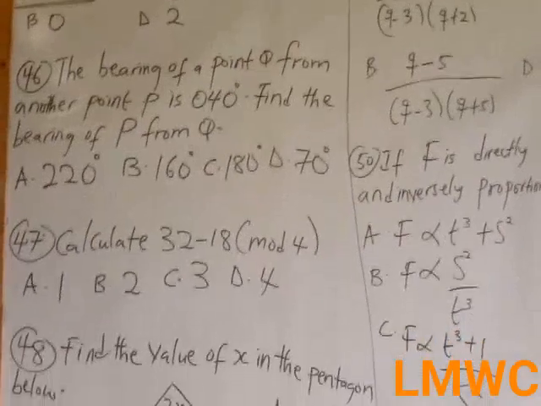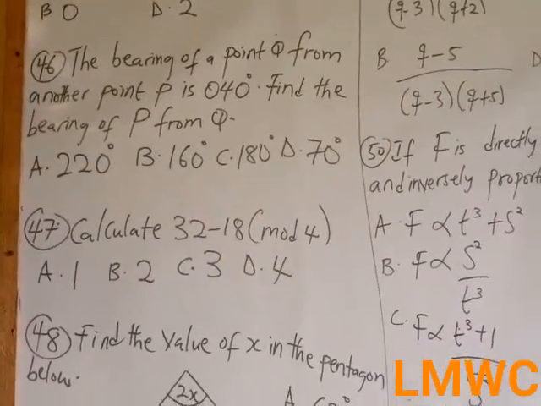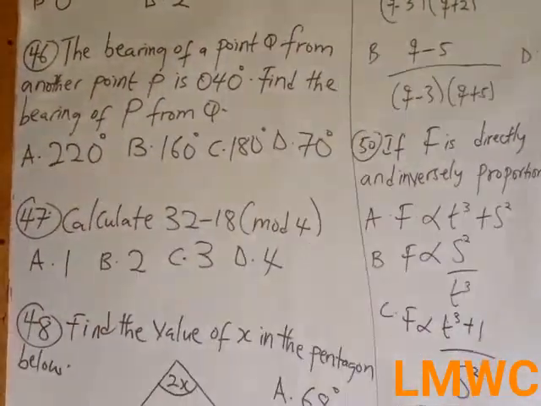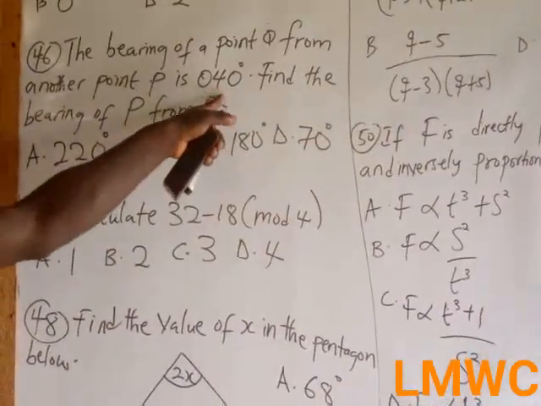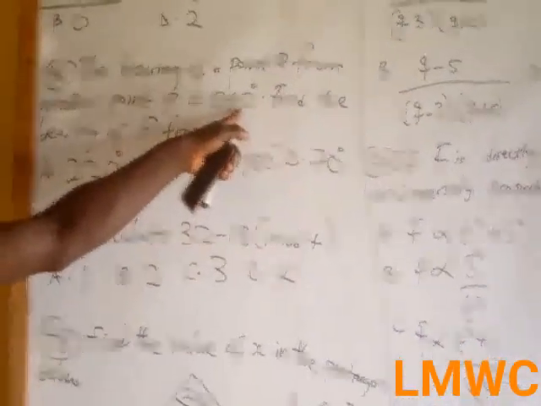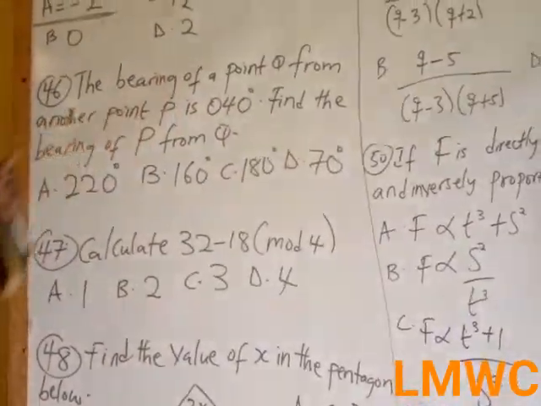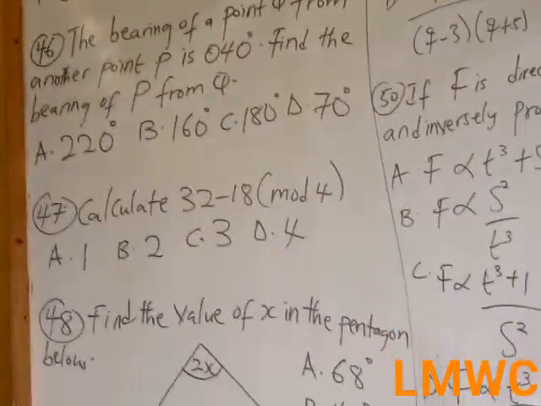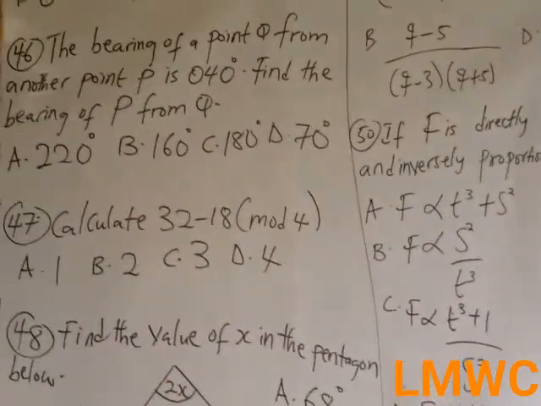The bearing of a point Q from another point P is 40 degrees. Find the bearing of P from Q. Always, if you are given a question like this, if the given bearing is less than 180, you add 180 to it. But from 180 upward, if they give you 190, 200, you subtract 180 from it.